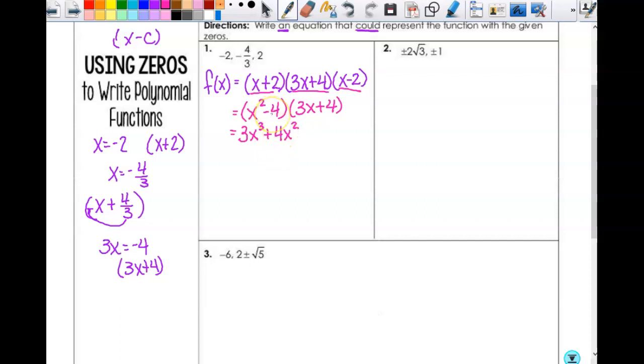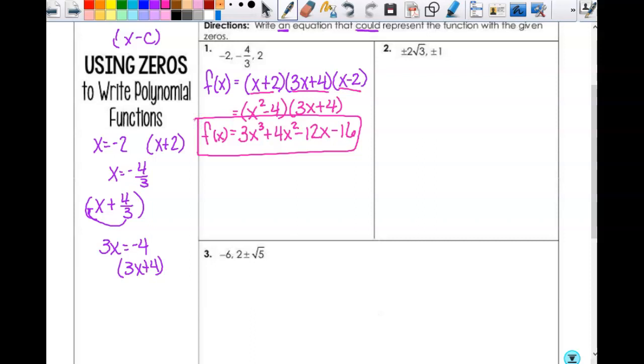Then -4 times 3x is going to give me -12x, and then -4 times 4 gives me a -16. So then I've multiplied all that out, and I don't have anything that I can combine, so that is it, and that is my answer.